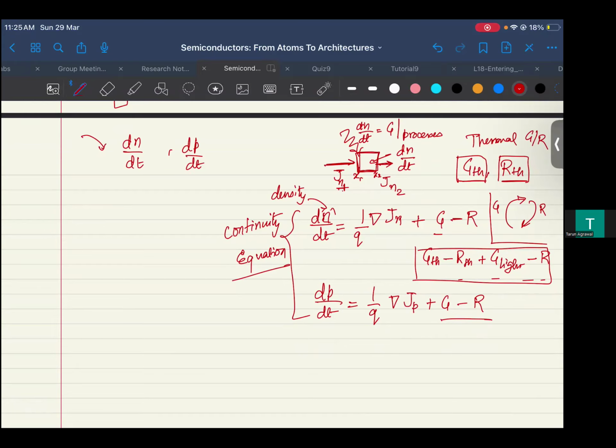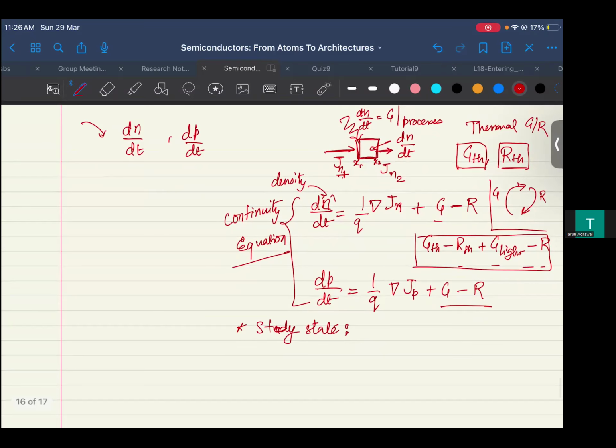So you already see, if we consider the case of steady state, which we have talked about, and we can talk about it in another video if you are interested in what is steady state and what is equilibrium. Steady state is the key: there is no time dependence. That means everything is settled, right? For a long time things have happened, all the perturbations have happened, and now things have settled.